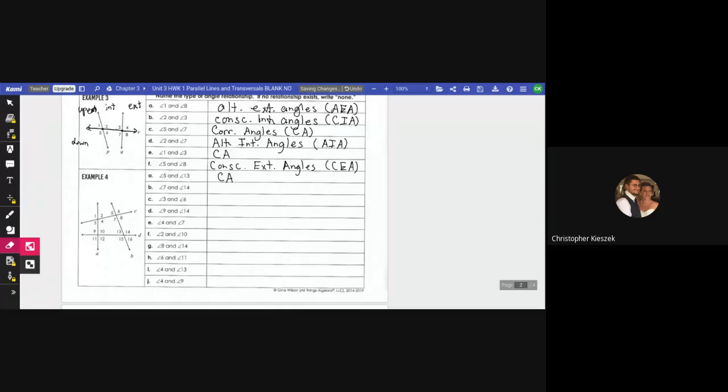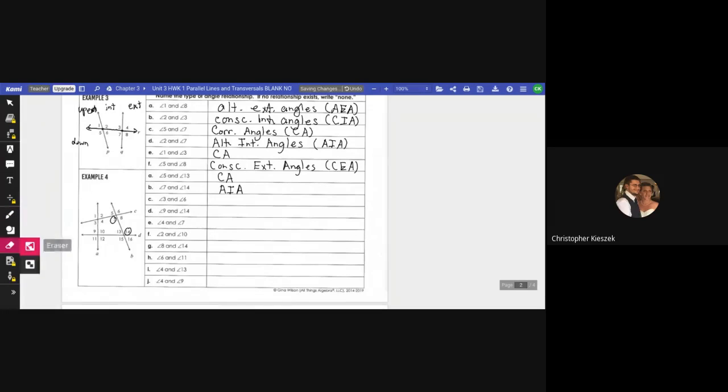I'm looking at 7 and 14. In fact, I should have just kept my drawing there. 7 and 14, again, the left side doesn't exist. So my transversal is B. I have both interior angles on different sides of my transversal. So this is an alternate interior angle.